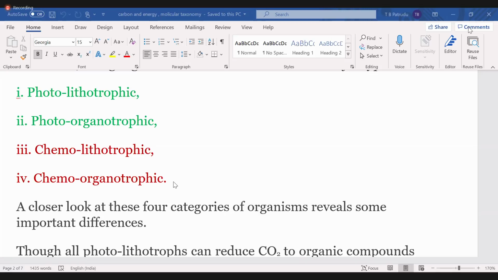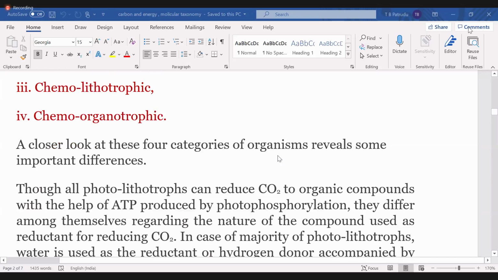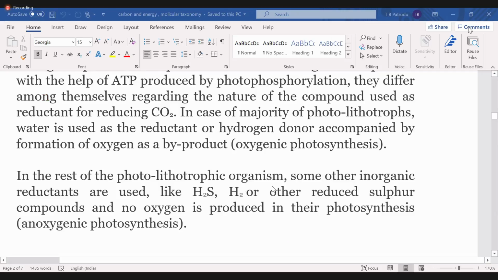And chemoorganotropes were identified as aerobic and anaerobic. Here, nitrogen fixation bacteria also take place in our nitrogen cycle. And phosphorylation bacteria, but the ultimate thing is oxyphosphorylation or else anoxyphosphorylation.